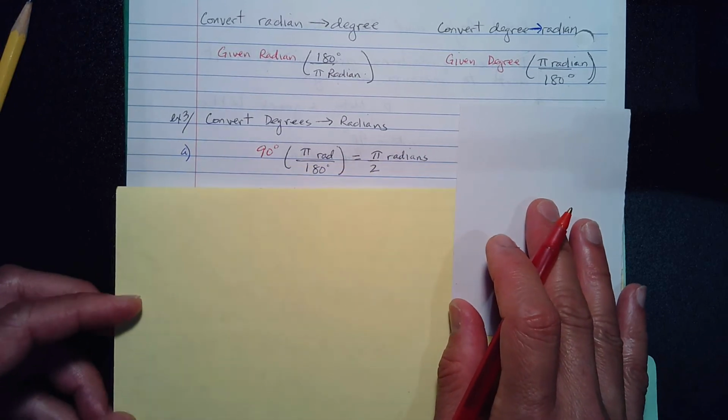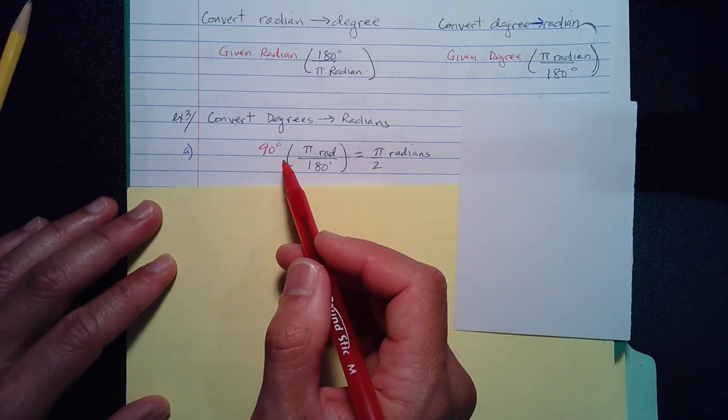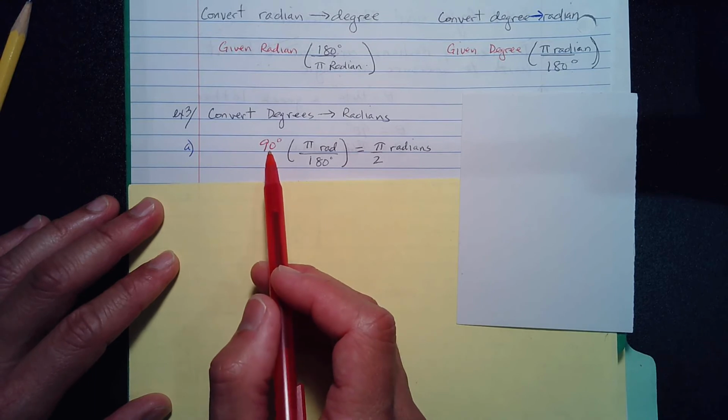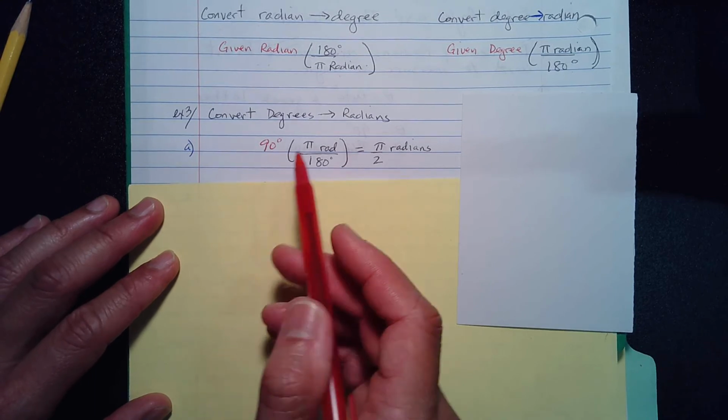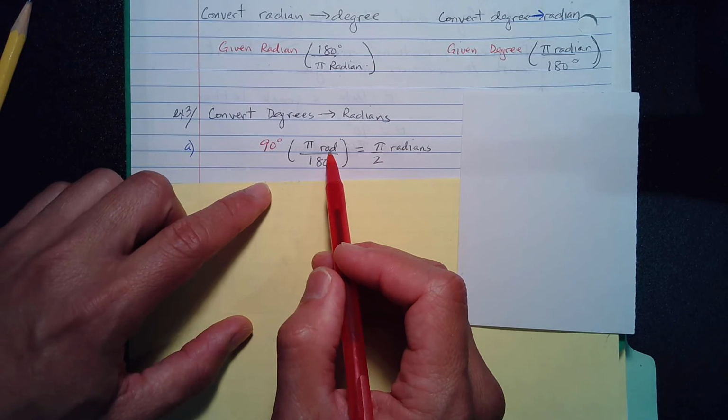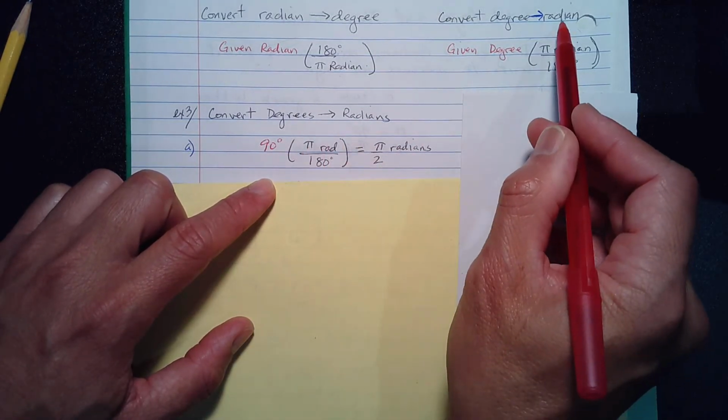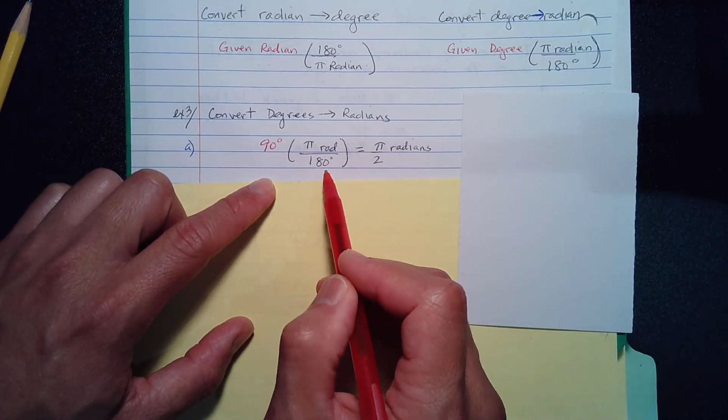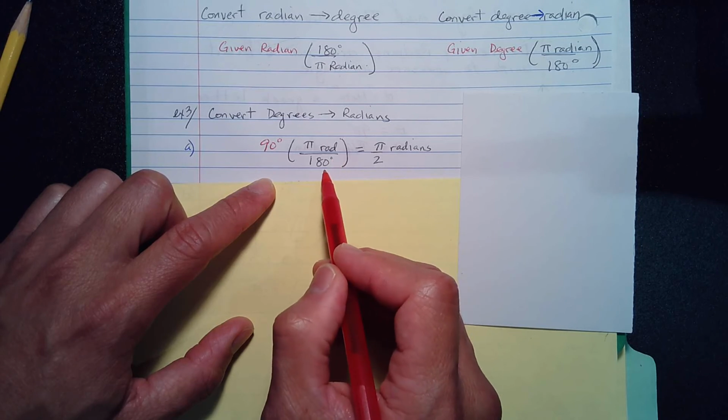So here's example 3, convert degrees to radians. Take the given degree, 90 degrees, times, since we're going degrees to radians, pi radians over 180 degrees.